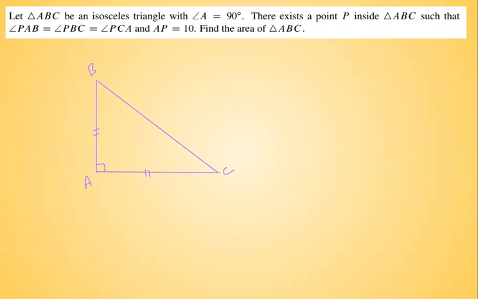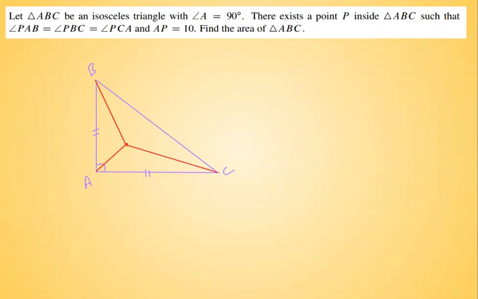So let's assume the point is right here. It probably doesn't matter, but let's actually try and see. PBC will be this angle, PAB will be this angle, and PCA, that angle. Let's label those to see how that looks.